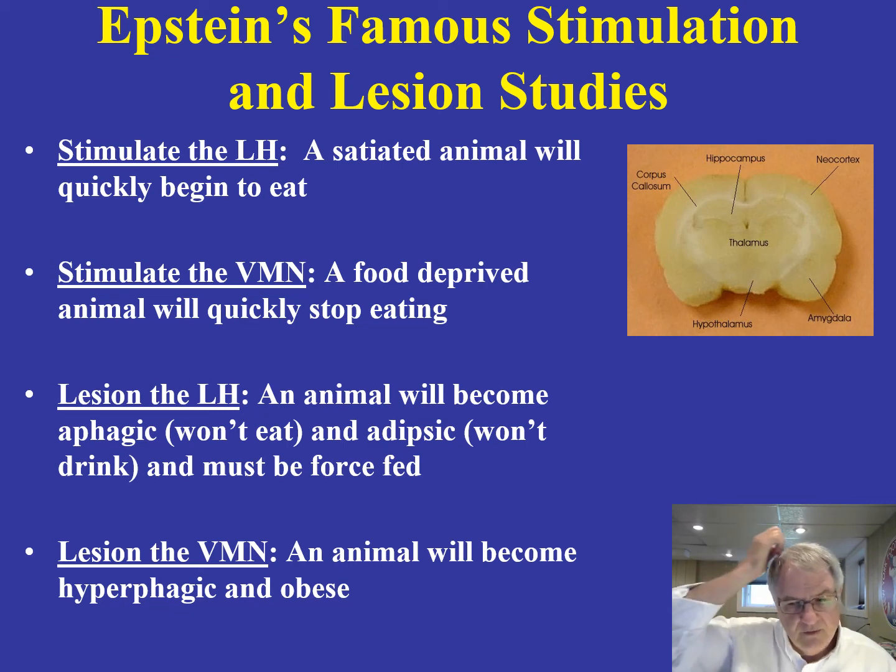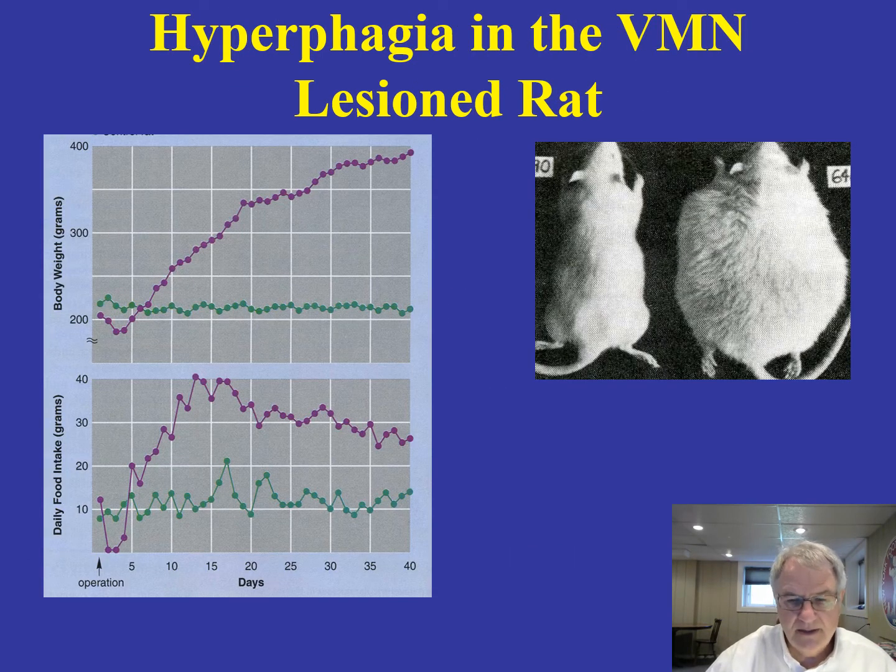So these are really classic experiments that have documented these two areas of the brain being incredibly important in terms of regulating our eating behavior. Here's an interesting figure that you see here.